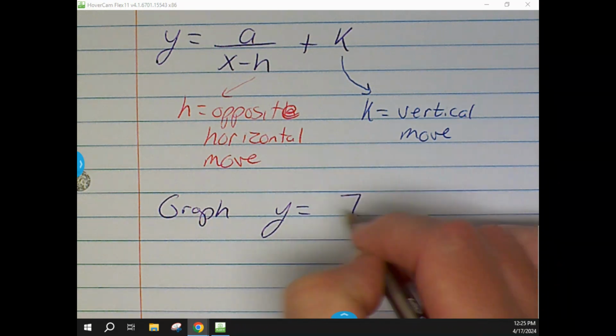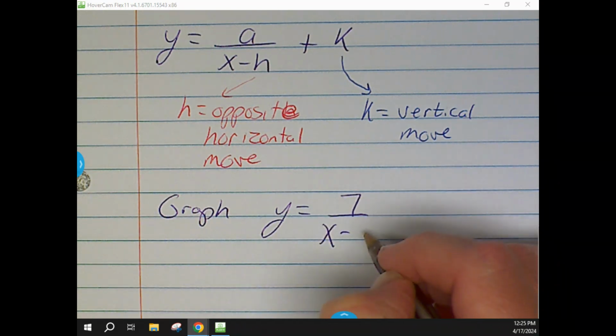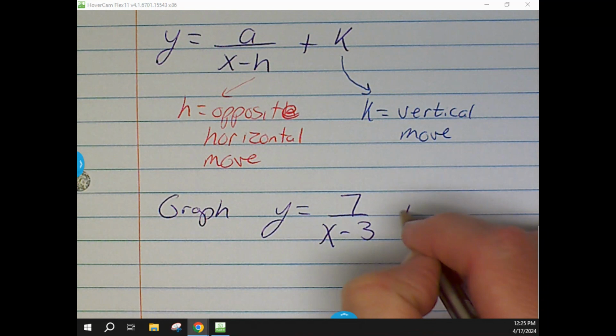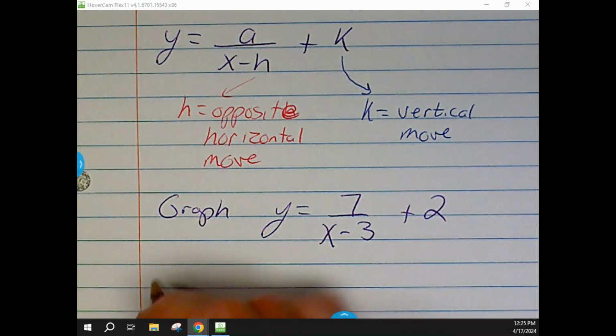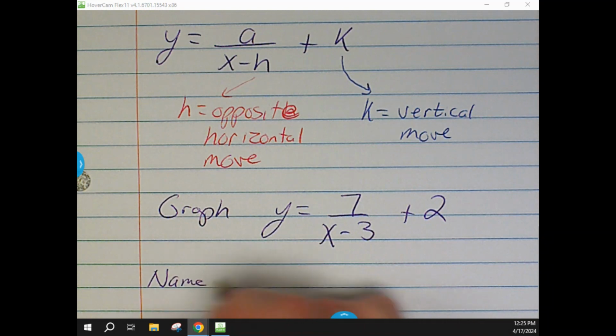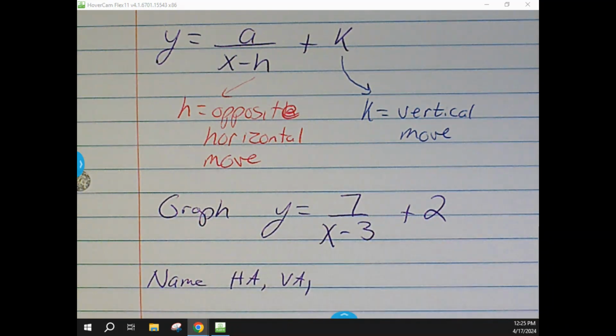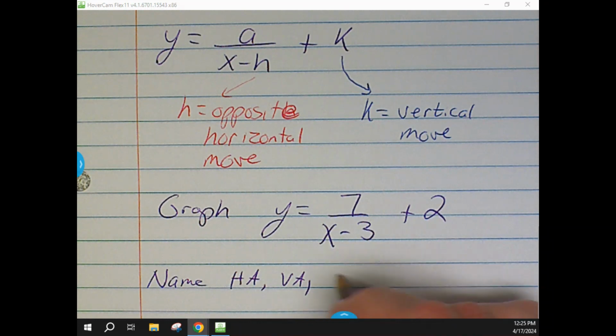Okay, we'll do one graph, and then once we do one, everything else should be okay. So we're going to graph it. We're going to name the horizontal asymptote, the vertical asymptote, and the movement.